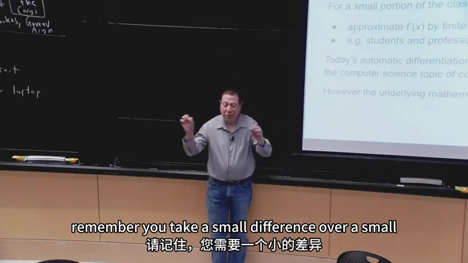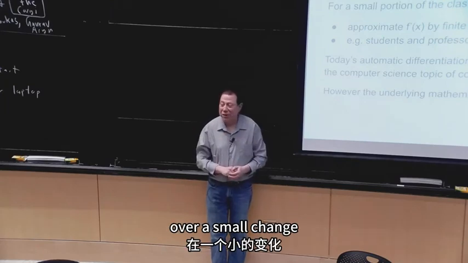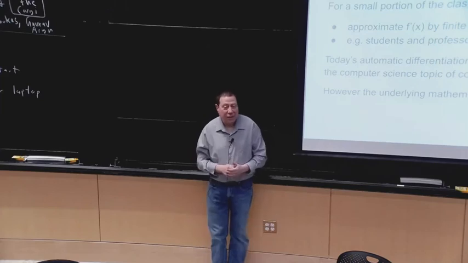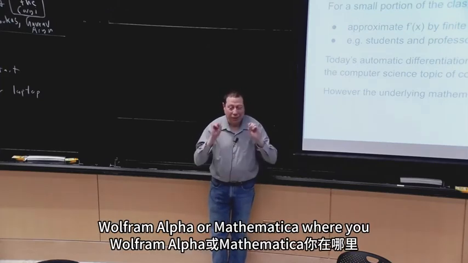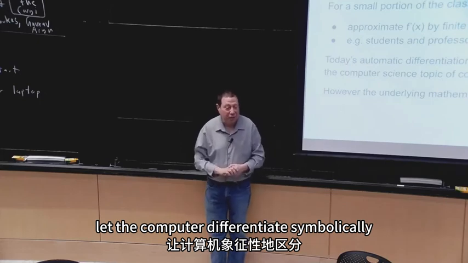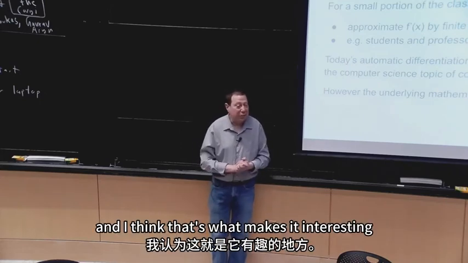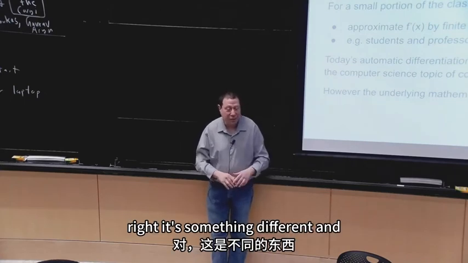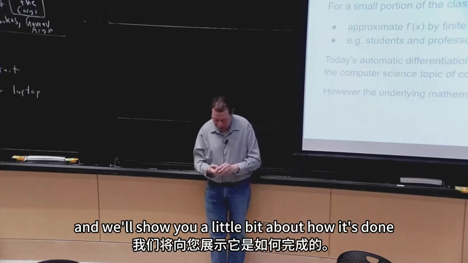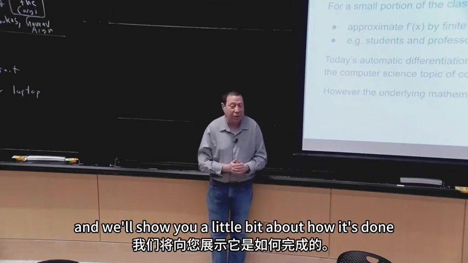You remember, you take a small difference over a small change. So it's not that. And it's not like some of you may have used Wolfram Alpha or Mathematica, where you let the computer differentiate symbolically. And it's not that either. And I think that's what makes it interesting, that it's neither of those two things, right? It's something different. And we'll show you a little bit about how it's done.